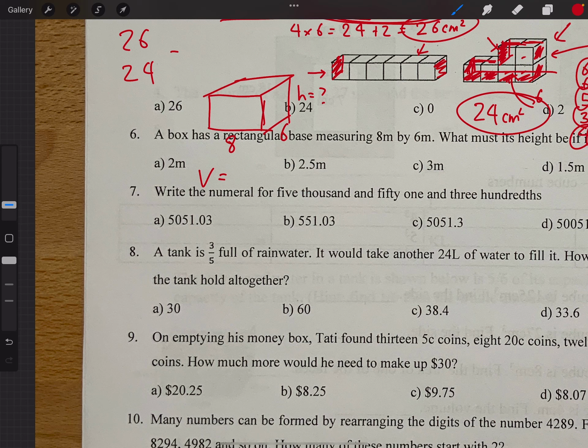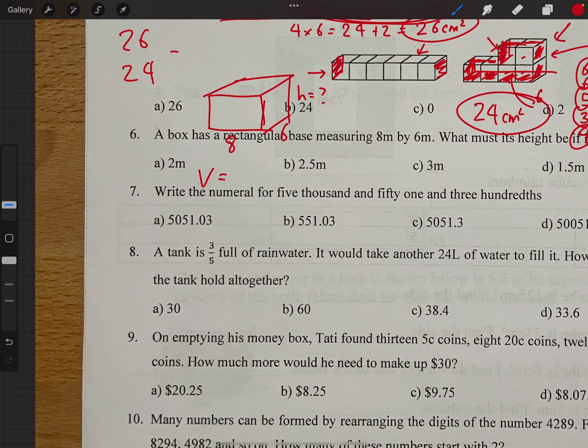Okay. Question 8. A water tank is 3/5 full of rainwater. It would take another 24 liters of water to fill it. At the moment, let's imagine, I'm going to draw a water tank. Imagine that this is a water tank.